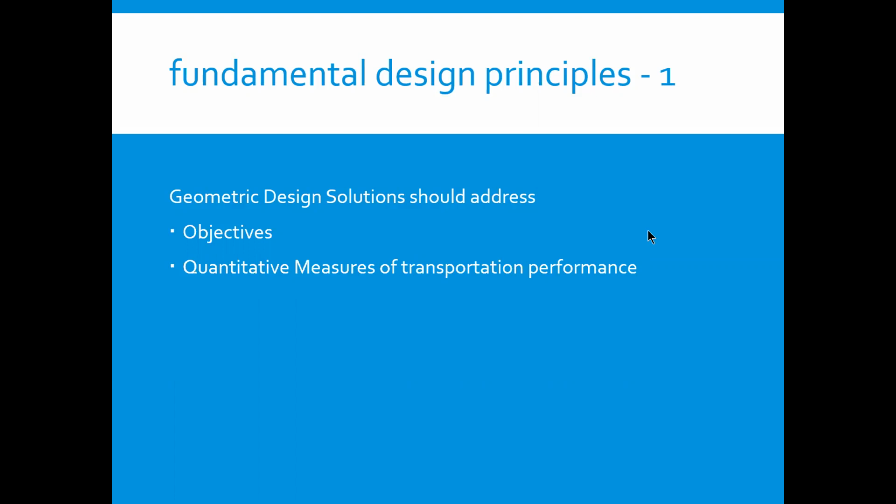The end is transportation performance, and such performance includes, as I mentioned to you already, mobility, accessibility, safety, and state of good repair. Every phase, sub-process, methodology, and model developed and applied to the road design, and every road design criterion, should be objectively related to one or more measures of transportation performance.